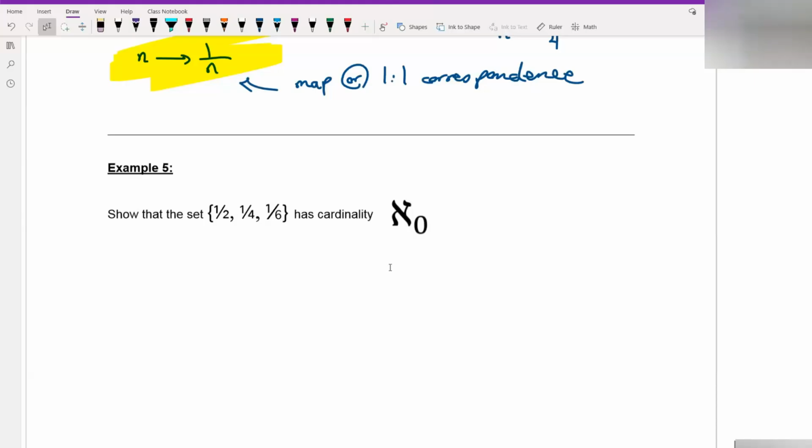That means to find one-to-one correspondence with natural numbers, because it's aleph naught.